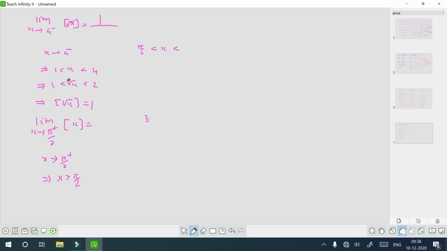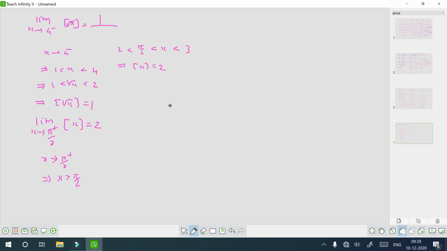Now 3.14 by 2, that comes out 1 point something, yes or no? So here it comes out 2 less than x less than, nearest we have to see the positive integer, there should be 3. So this integer part of x is equal to 2. So what will be the answer here?